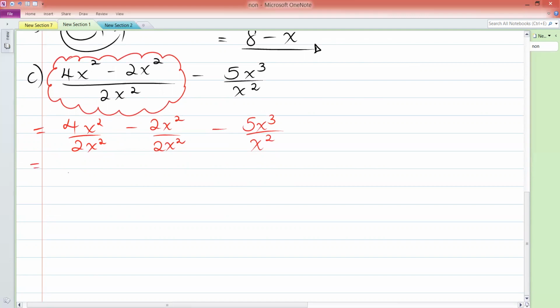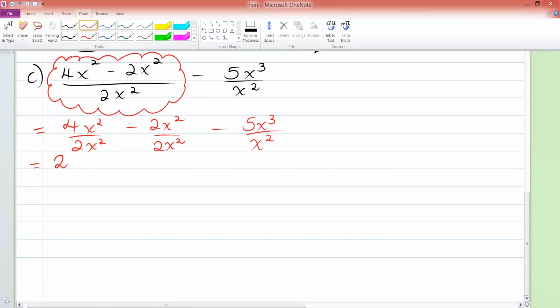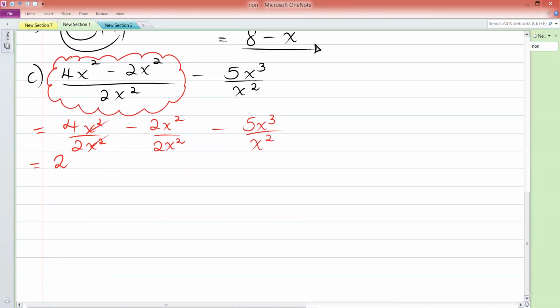So 4 divided by 2, we're left with 2. x squared divided by x squared, we know that anything divided by itself becomes 1. So you're just left with 2 there. And then look at this second term here, negative 2x squared divided by 2x squared. What's your final answer going to be here? The x squared cancels out. Well done, 1. And you have minus 5.